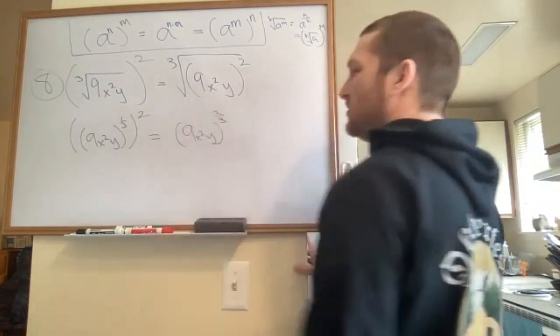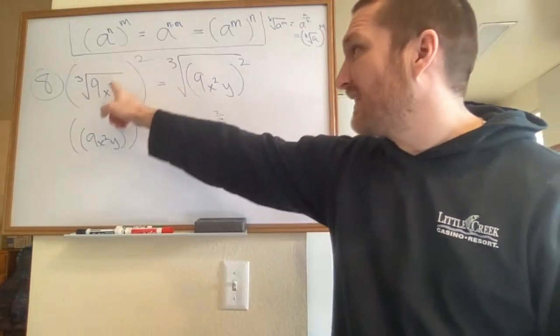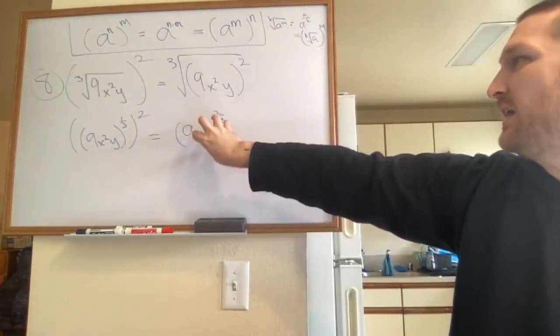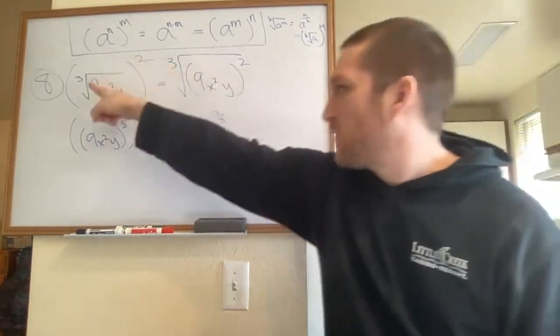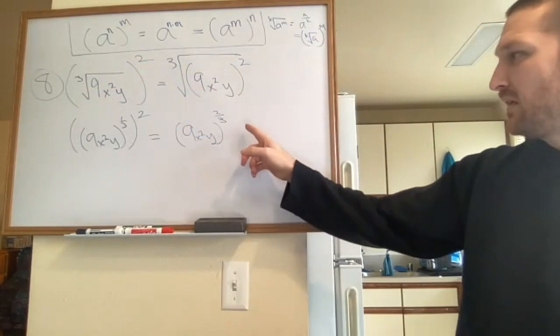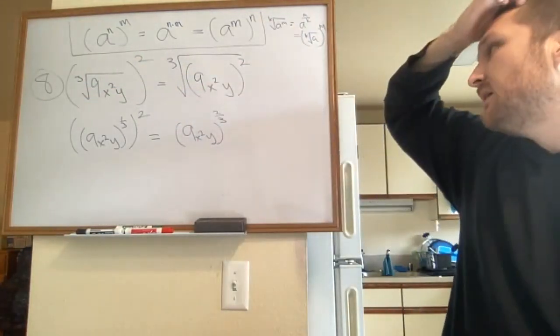So that's just to the 2/3. As a matter of fact, whenever you see something like this, I know that that's the same thing as whatever's on the inside raised to the 2/3. That's how I see that in my head, because I know that the root is the denominator, basically.